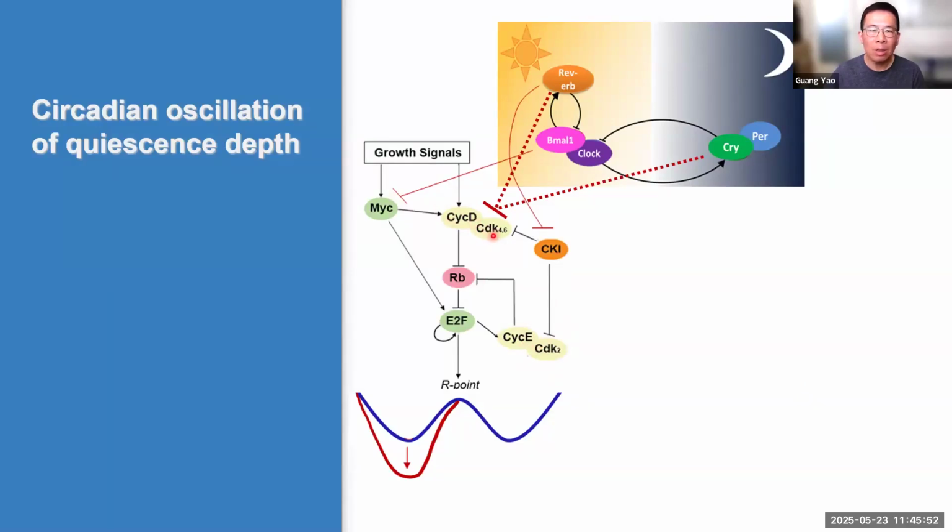Cyclin D CDK4/6 is upstream of this feedback regulation. It is important for phosphorylating RB to remove its inhibition on E2F, but it is relatively independent of this feedback regulation.